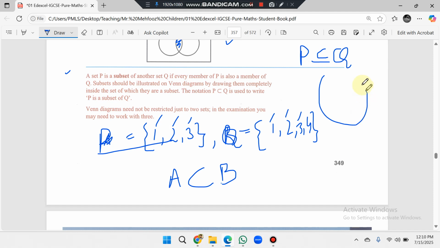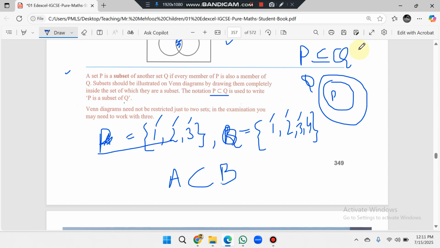For example, this is your bigger set Q. If you are drawing the subset of Q, that is P, so you can write it as this is the subset of Q, that is P. Understand? So this is the pictorial form of the subset. Venn diagram by drawing them completely inside the set of which they are a subset. The notation is used to write P is a subset of Q.